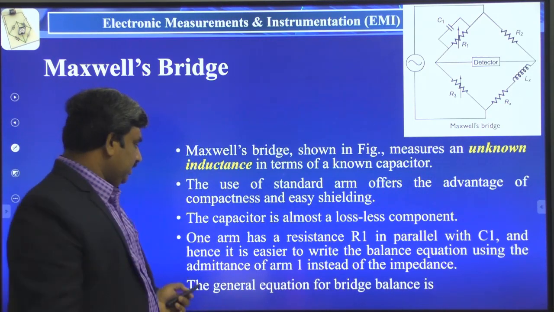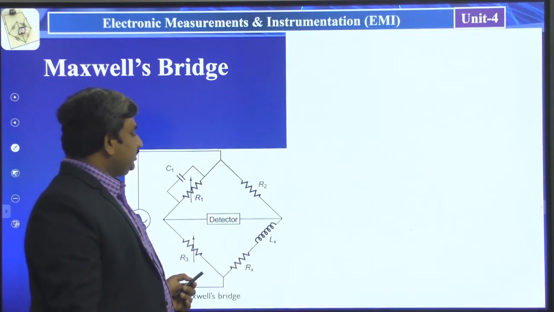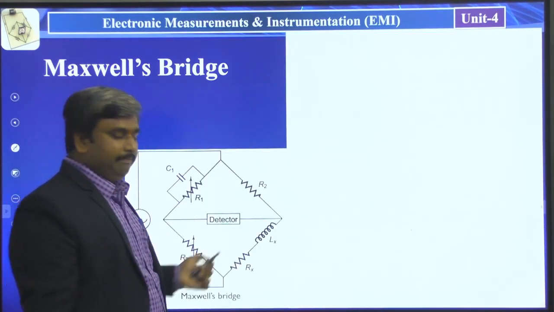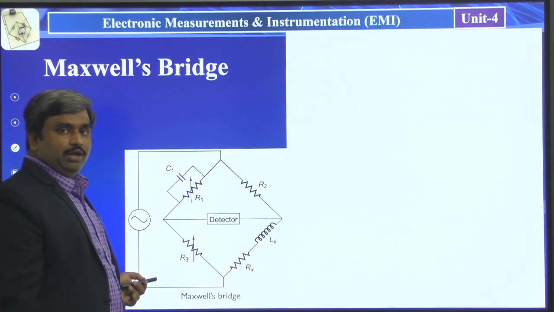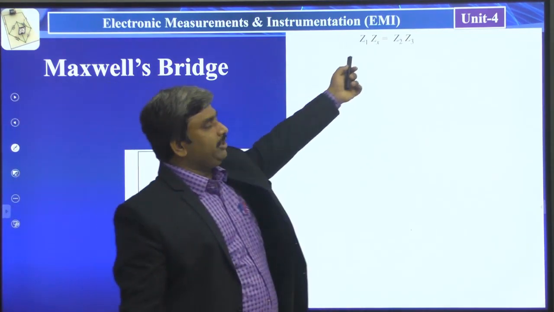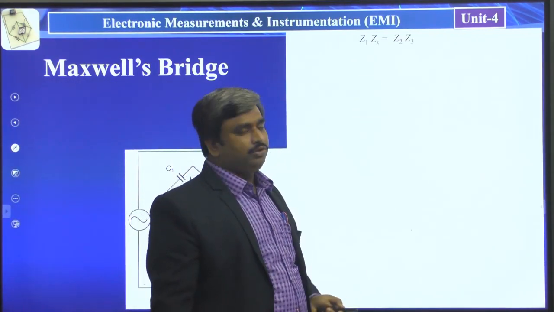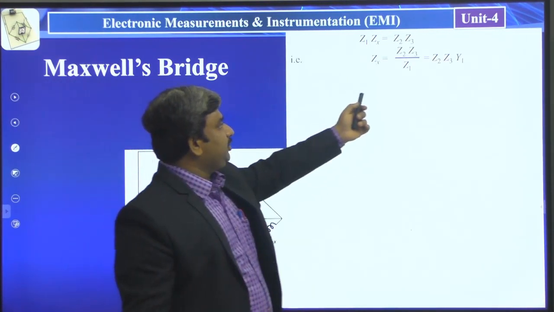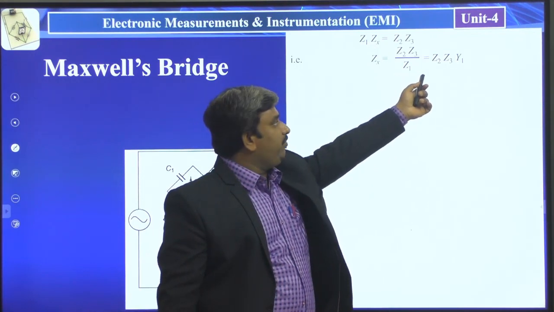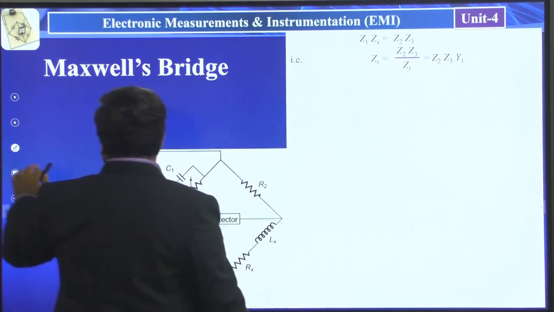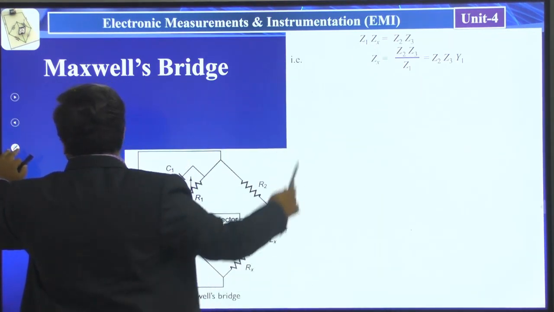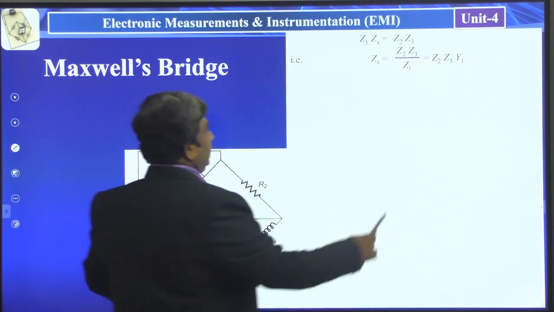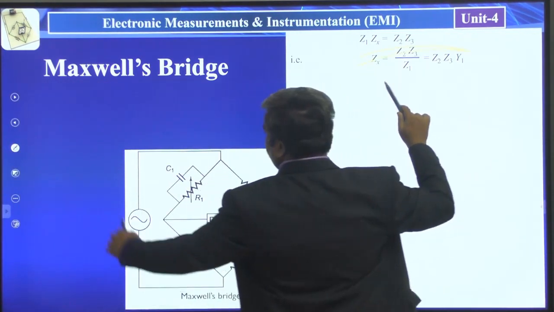Now coming to the bridge balancing condition, Z1 Zx is equal to Z2 Z3, and Zx is equal to Z2 Z3 by Z1, which is equal to Z2 Z3 into Y1. Just now we have written this in the previous step.